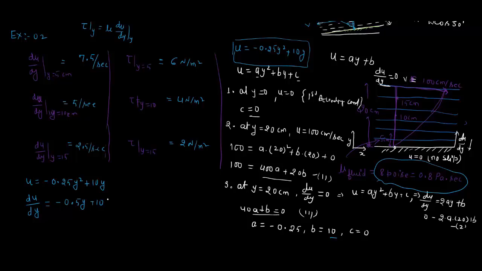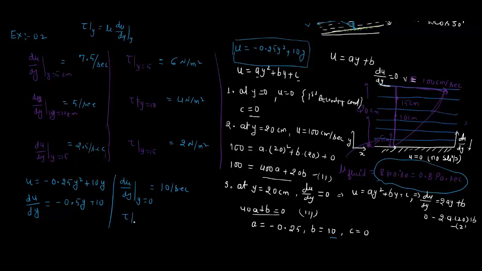Now if I want to calculate du upon dy at distance y equals 0, putting y is 0 here, the value of du upon dy at 0 shall be 10 per second.